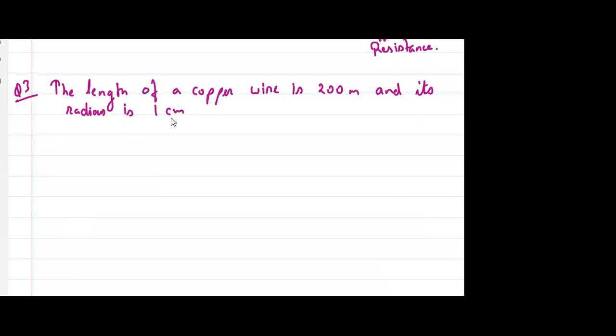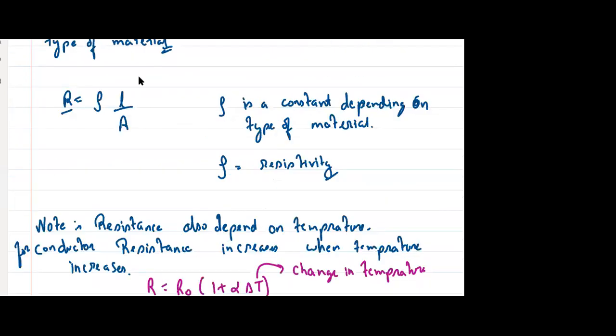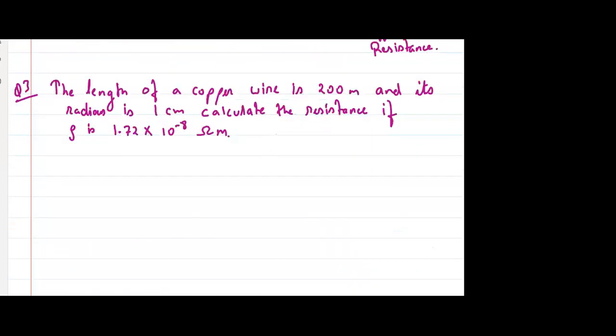Calculate the resistance if resistivity is 1.72 into 10 to the power minus 8 ohm meter. Okay, the unit of resistance is ohm, right? So unit is ohm, and it is also written as this, right? The unit is ohm. That's why it is ohm meter.